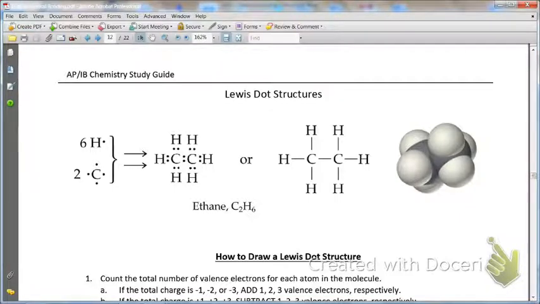For example, in your notes here I have a molecule of ethane, C2H6, and the Lewis dot structure for this I will circle is right here. Notice that we use two dots between these two atoms, carbon and hydrogen, and those two dots are going to represent a covalent bond.